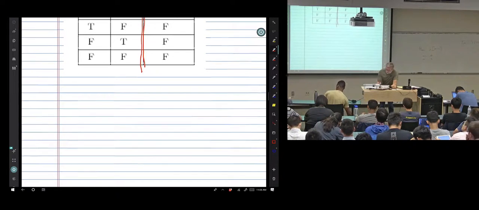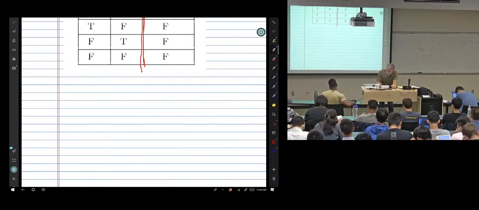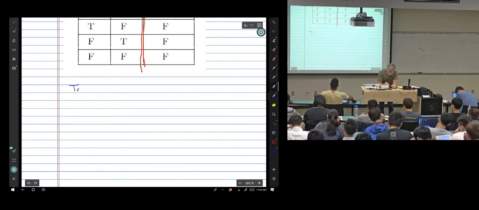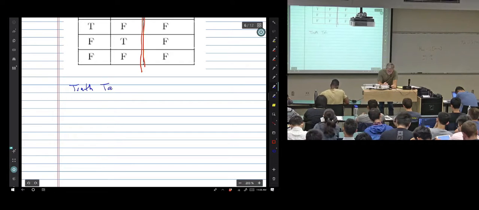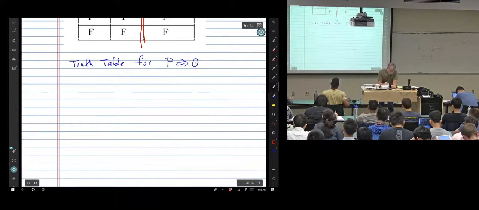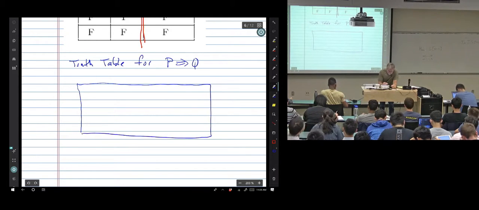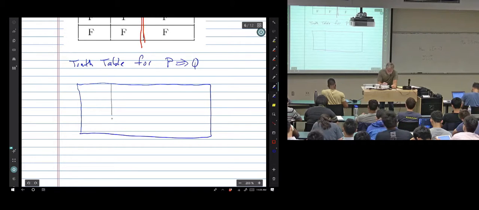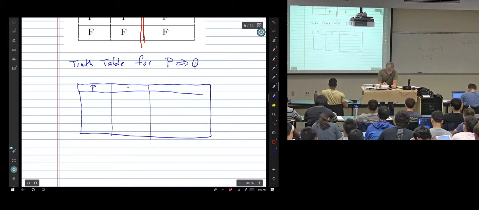Now, since you guys are really clever, let's do the truth table for P implies Q. P, Q, P implies Q. So true, true, false.